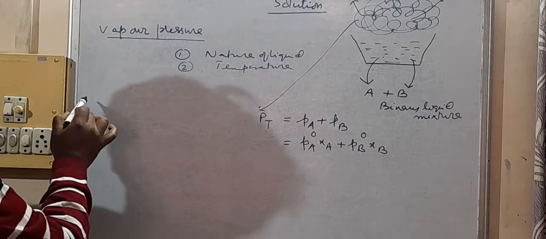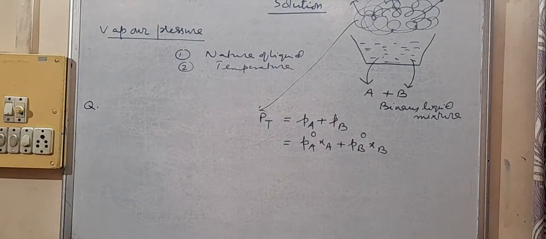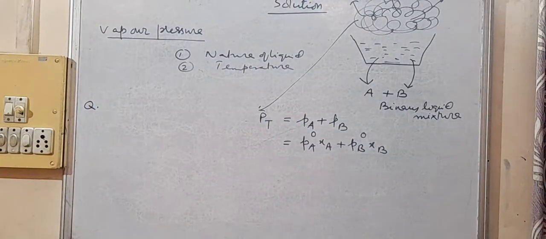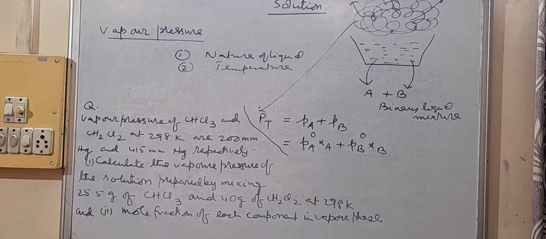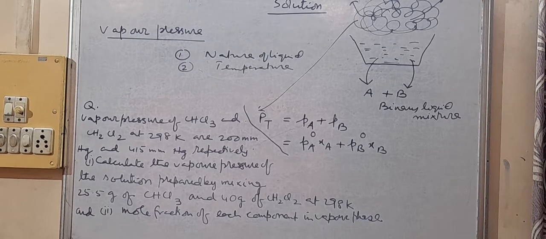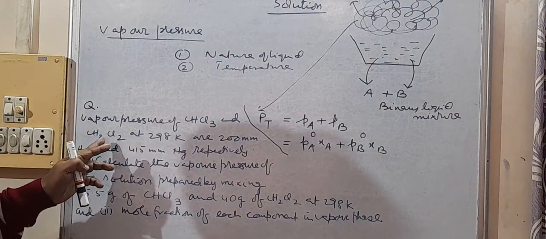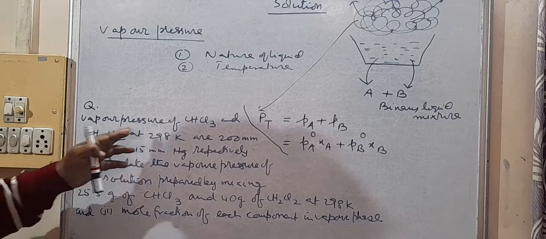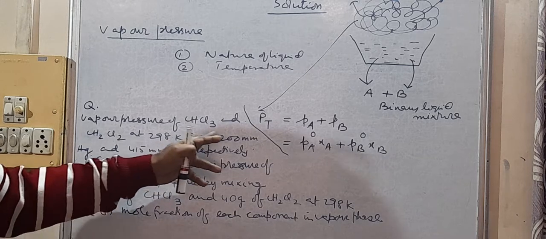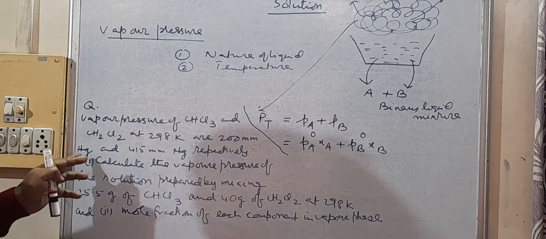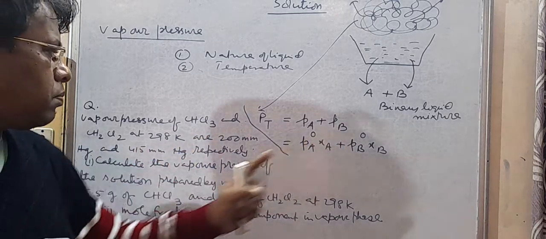So the question is: the vapor pressure of chloroform and dichloromethane at 298 Kelvin are 200 millimeter mercury and 415 millimeter mercury. So these values are the values of PA naught and PB naught.